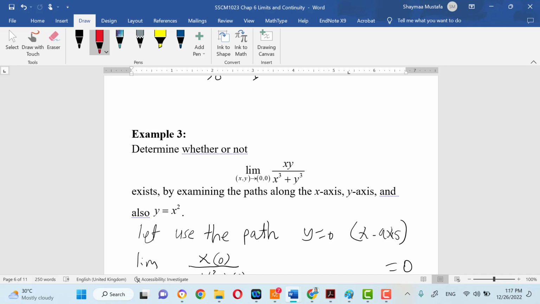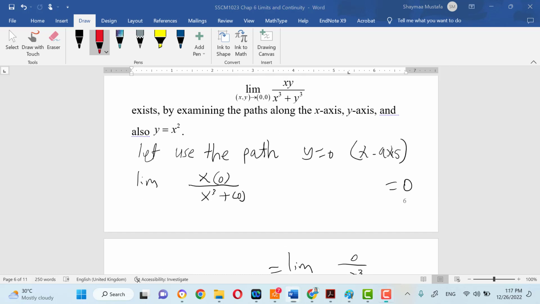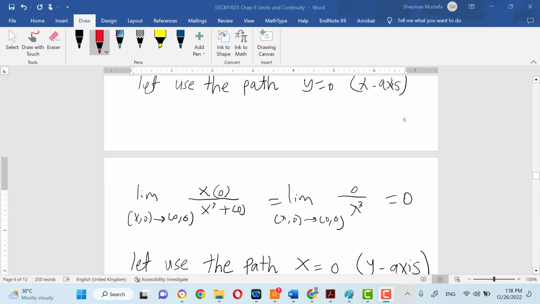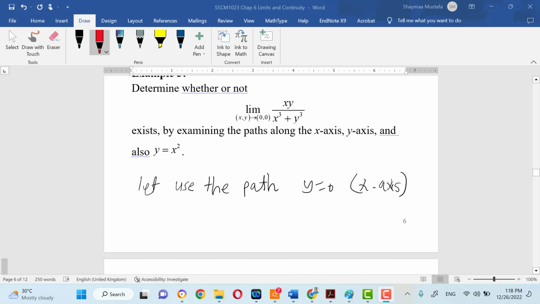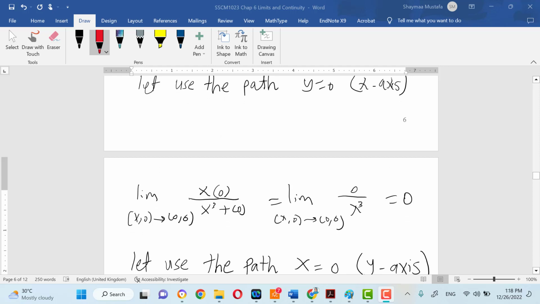Okay, so first I will calculate the limit along the x-axis. The equation for the x-axis is y equal to 0. So the limit as x, y goes to 0, 0 becomes x goes to 0, because y is equal to 0.